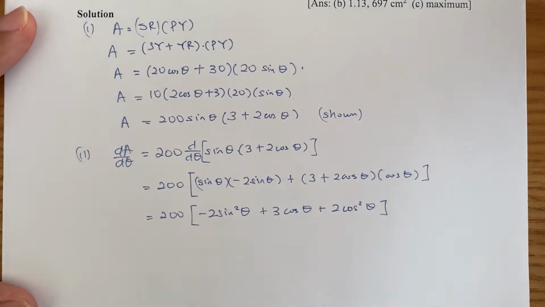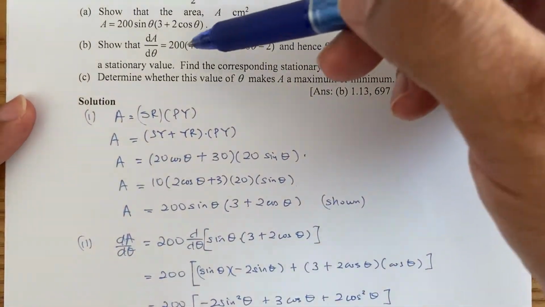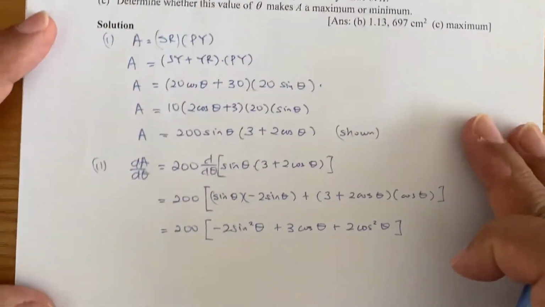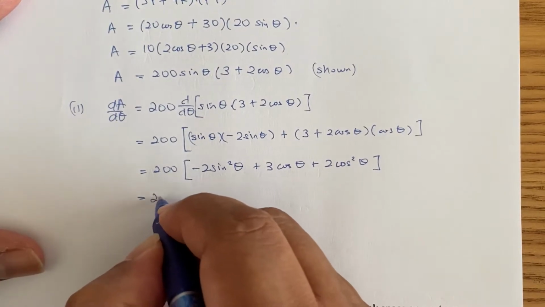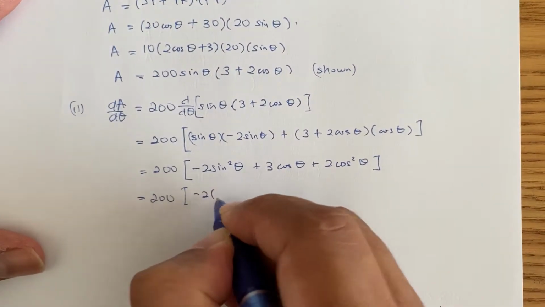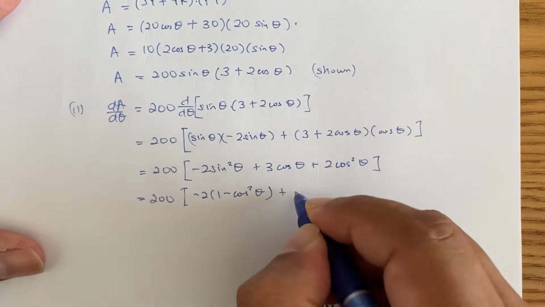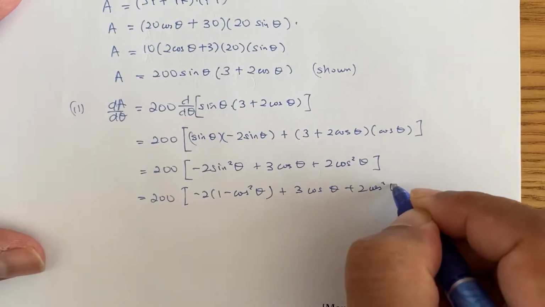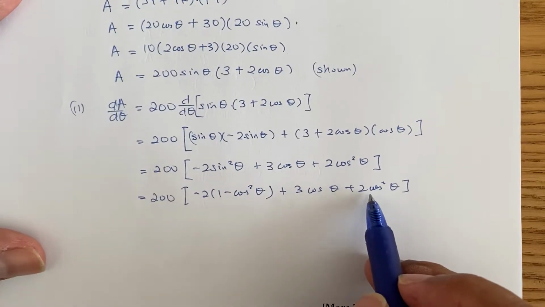Basically this is like a quadratic equation involving cos θ, and what I noticed is that there is a sin²θ. So I know that I can change this to 1 minus cos²θ, plus 3 cos θ plus 2 cos²θ, and this is going to be plus 2 cos²θ plus 2 here.